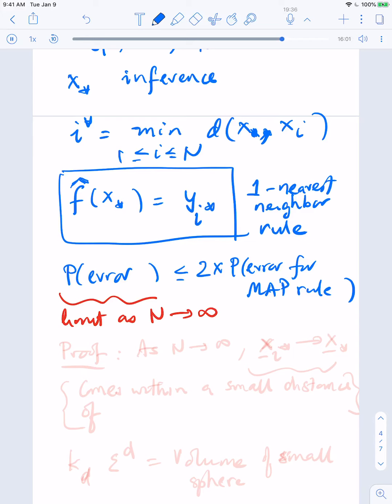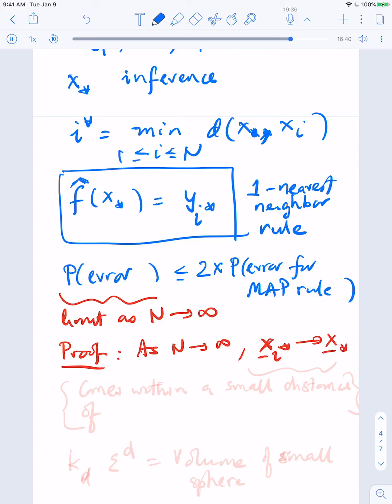It turns out that in the proof of these results, the reason all this works is because as n gets large, the nearest point comes close enough to the inference point. So the proof shows that as n gets large, x_i star essentially tends to x star in some sense.